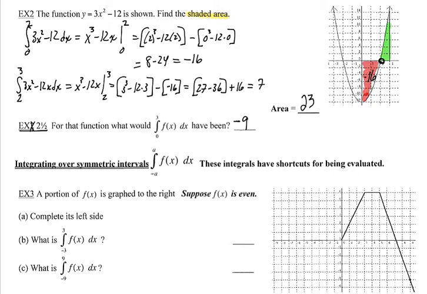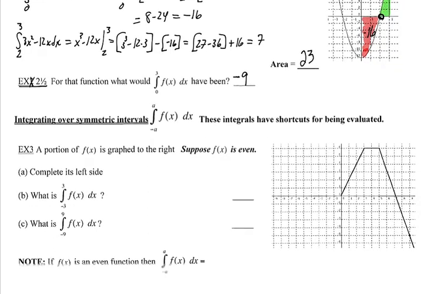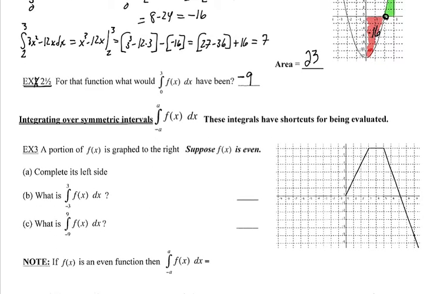All right, so down here at the bottom of the notes on page 1, and then at the top of the notes on page 2, we're going to show you a couple shortcuts for evaluating integrals, and the first shortcut has to do with when the function is even, and then just a reminder that functions are even when they're symmetrical about the y-axis.